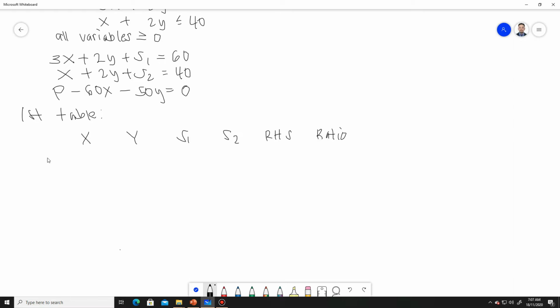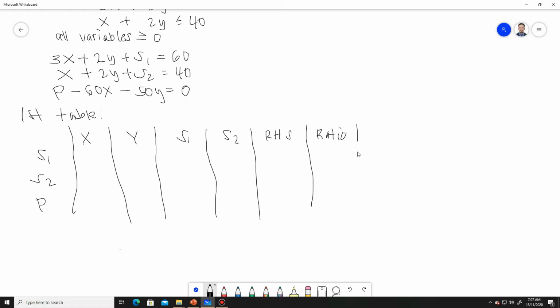In our rows, we will only put these slacks: slack sub 1, slack sub 2, and then our objective. Okay. What we will put here are the coefficients.